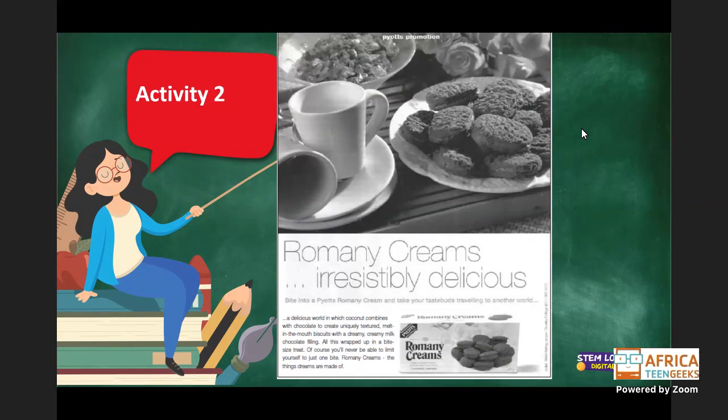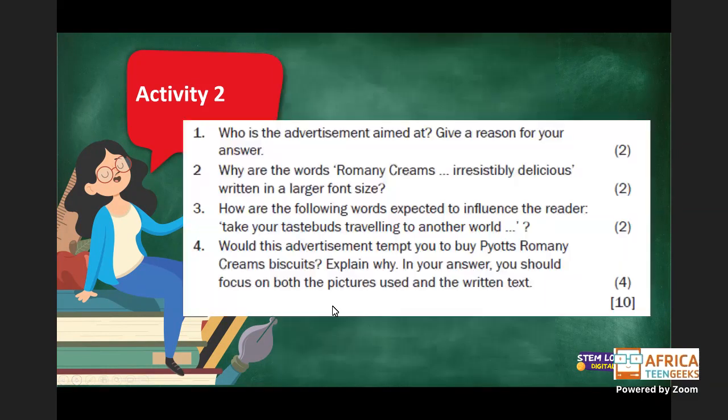Okay. Great stuff. Right. And then we have 3 minutes. Number 4. Thank you, guys. So let's quickly continue so that we can finish. So would this advertisement tempt you to buy Payot's Romany Creams biscuits? Explain why. In your answer, you should focus on both the pictures used and the written text.